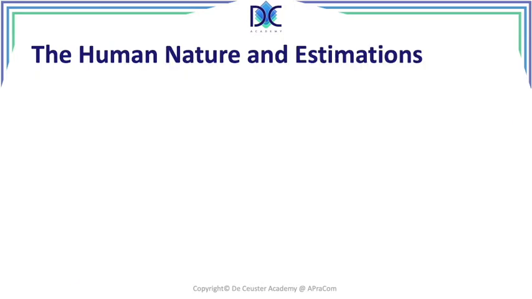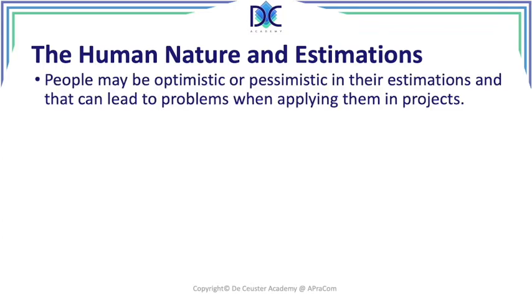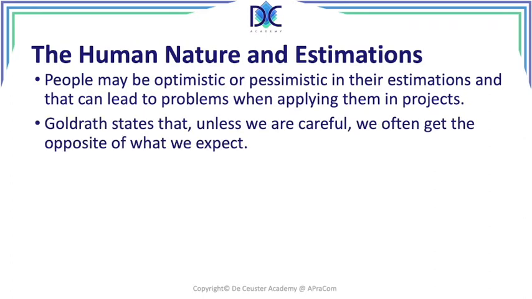Now, when we look at human nature and estimation, people may be optimistic or pessimistic, but when you are overly optimistic or too pessimistic, it can lead to problems when you apply this to projects. Goldratt states that unless we are careful, we often get the opposite of what we expect.